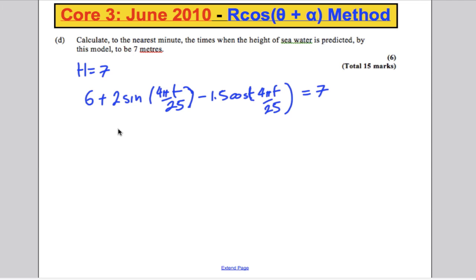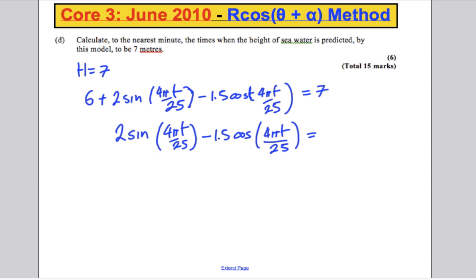So subtract 6 from both sides. We're trying to solve where 2 sine 4 pi t over 25 subtract 1.5 cos 4 pi t over 25 is equal to 1. Okay, we're trying to solve that.